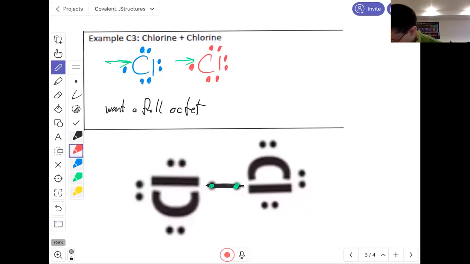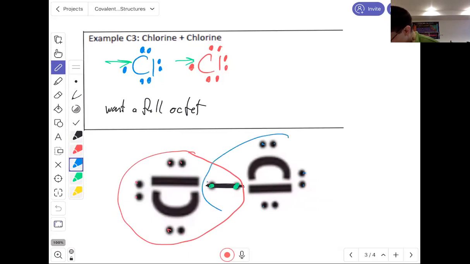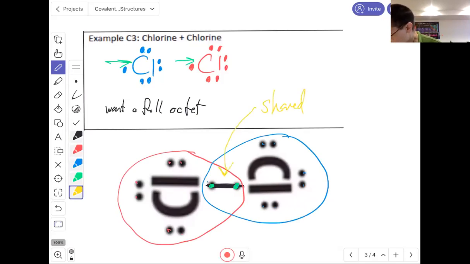And if I look, I've got 1, 2, 3, 4, 5, 6, 7, 8. So there's the 8 electrons for the chlorine on the left, and then I've got 1, 2, 3, 4, 5, 6, 7, 8. 8 electrons for the chlorine on the right. And the ones that are in that overlap, that's my shared electrons. Does all of that make sense?